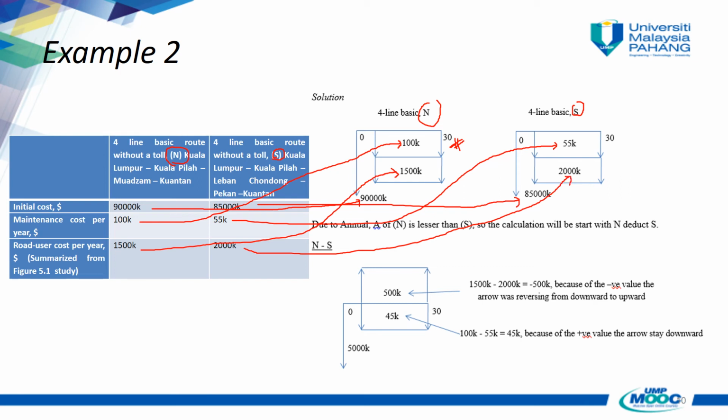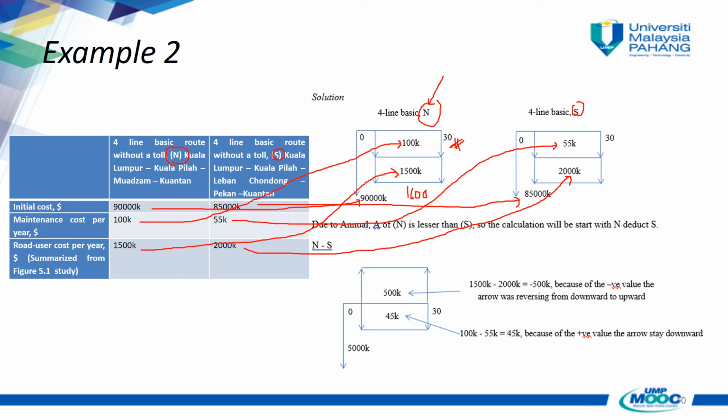And then due to annual cost A of N being lesser compared to S, what is the A per N route? The A per N route here is around 100,000 plus 1,500, so it becomes 101,500 K.